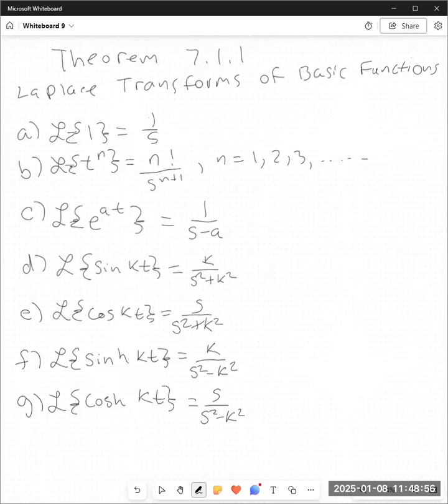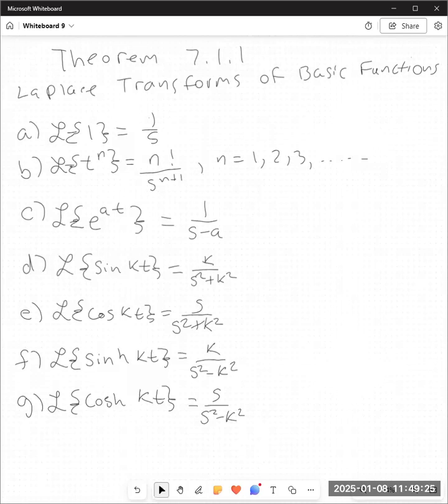And the denominator is going to be s to the n plus 1, and this works for n's of 1, 2, 3, and so on. It actually works for n equals 0 as well, which is this rule. We don't normally think of t to the 0 being 1, but 0 factorial is 1, and s to the 0 plus 1 is s. So this first rule is a special case of the second rule.